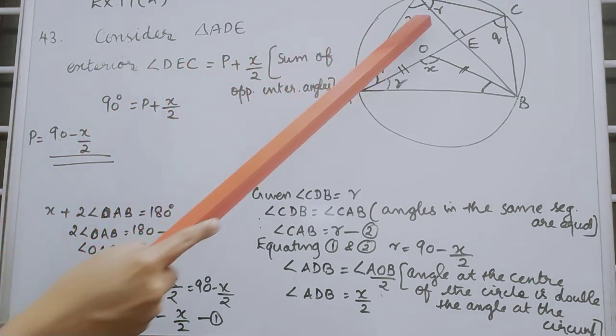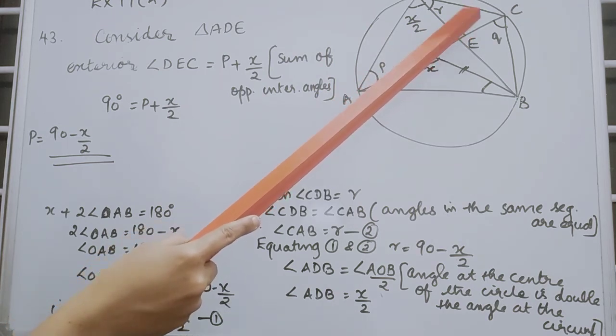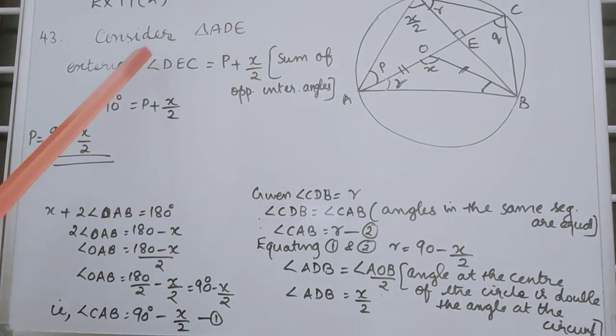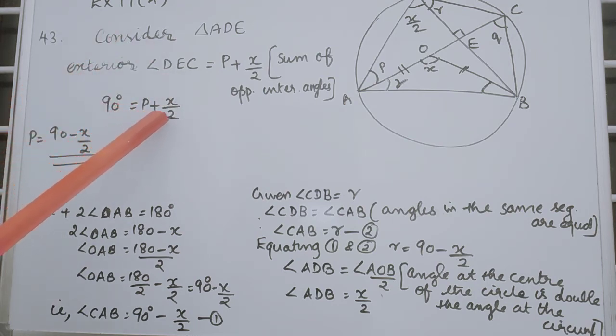From the question, this angle E is given as 90 degrees, so we can replace it: 90 is equal to P plus x by 2. We need P in terms of x. So P is equal to 90 minus x by 2.